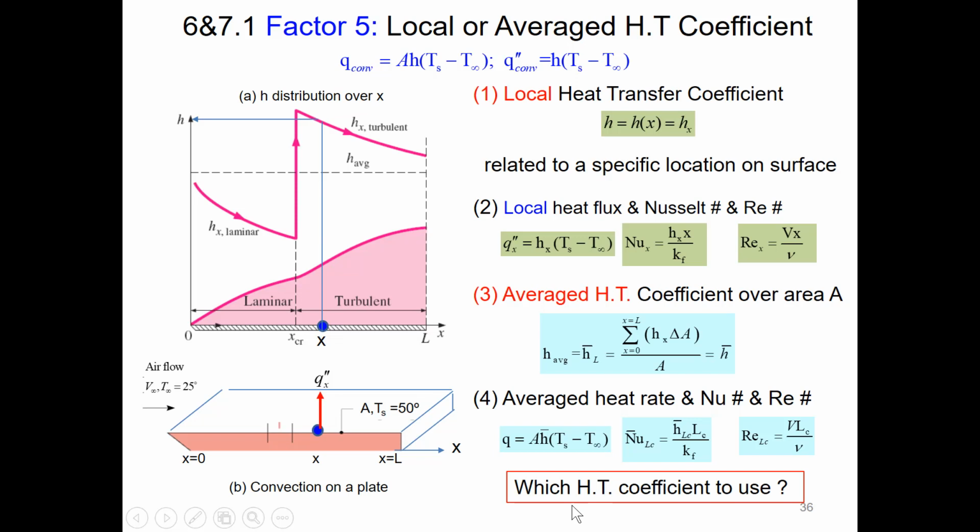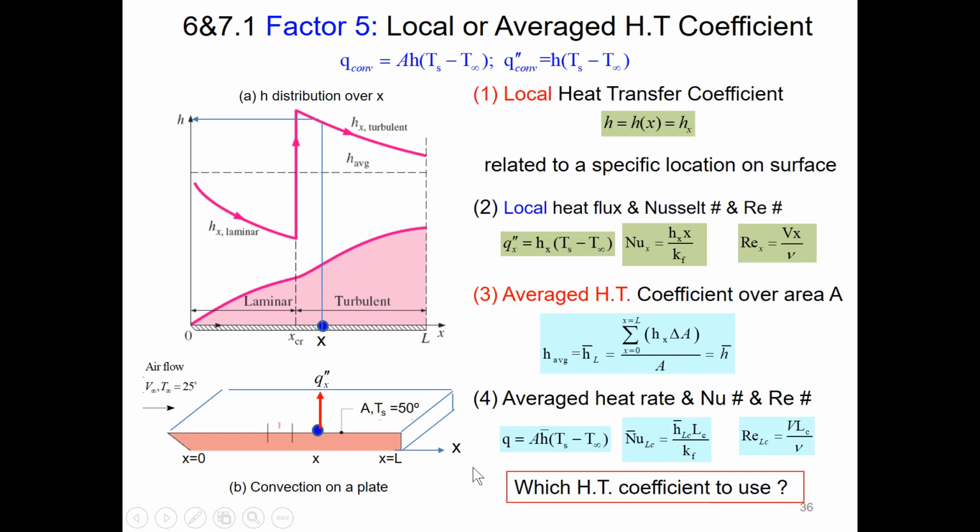Then there's a question to be raised. Since we now have local heat transfer coefficient and average heat transfer coefficient over area A, which heat transfer coefficient should I use to solve convection problem?